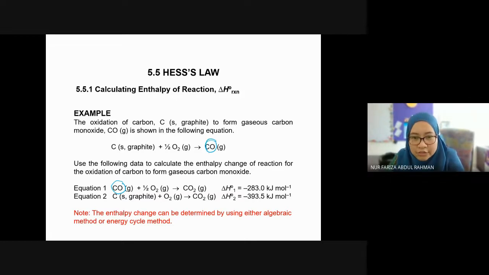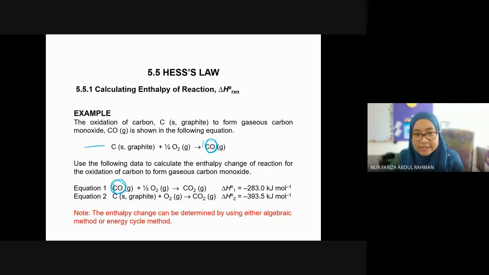So CO should be on the product side, but we have CO on the reactant side. Remember, we can manipulate. We want the CO on the product side, so how can we do that? We can simply reverse the reaction, so that we get CO on the product side. And it turns out the CO is coincidentally 1 to 1, so we don't have to multiply by a factor.